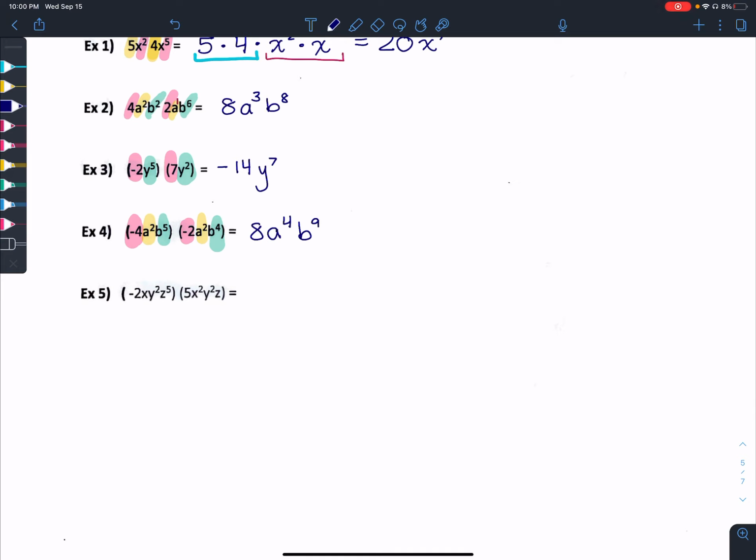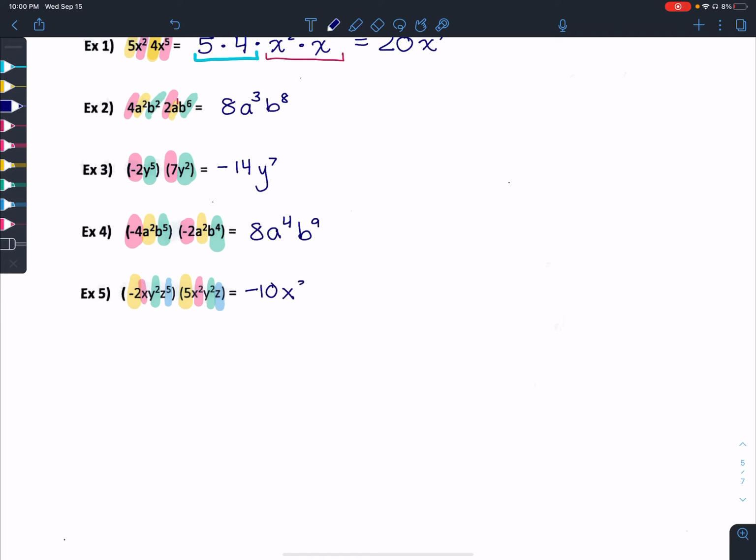And then we have one more like this. Negative 2 with 5. We have our x's, our y's, and our z's. So for our coefficients, negative 2 times 5, we have negative 10. For the x's, we have x to the power of 1 times x to the power of 2.